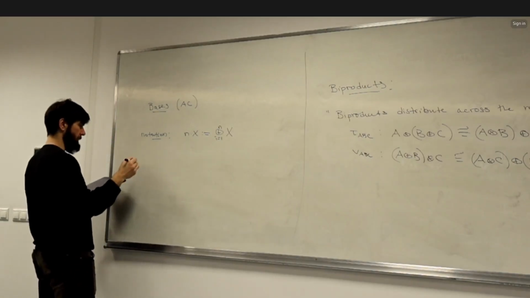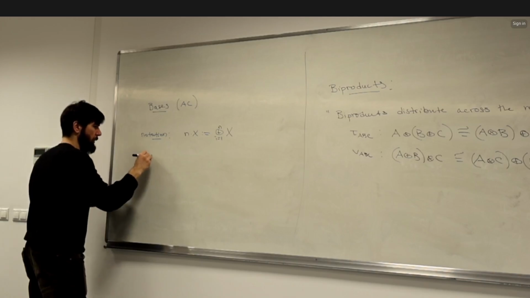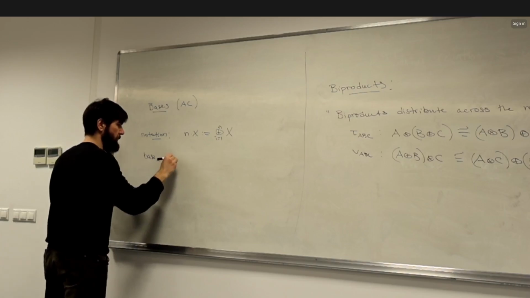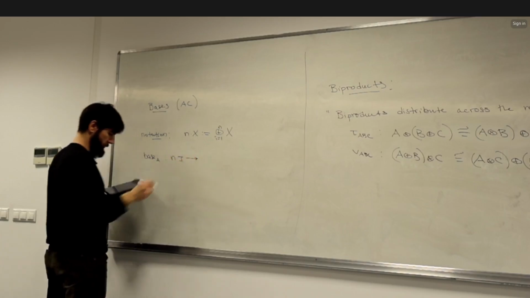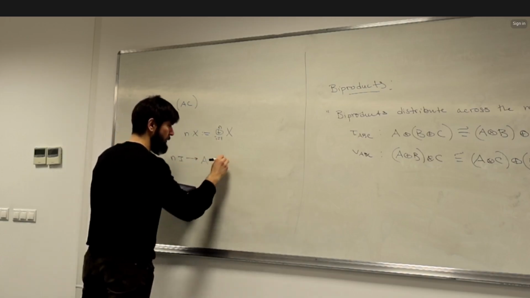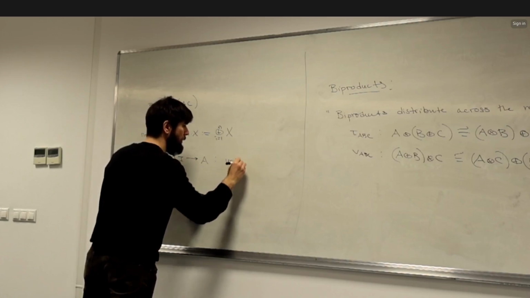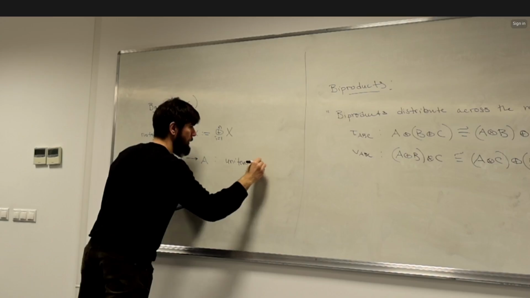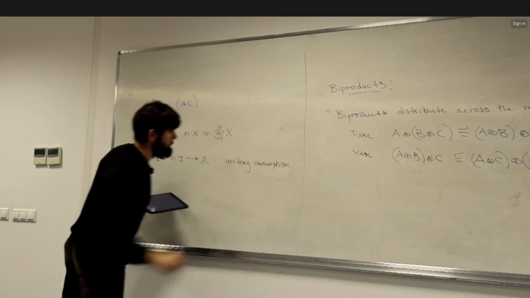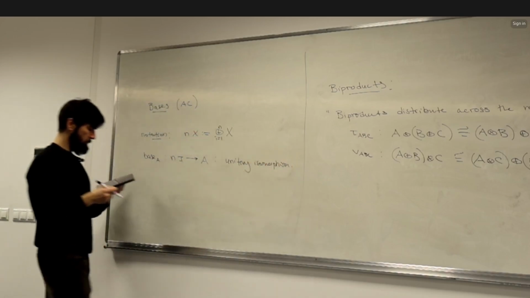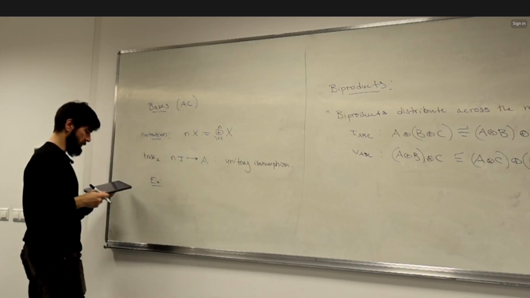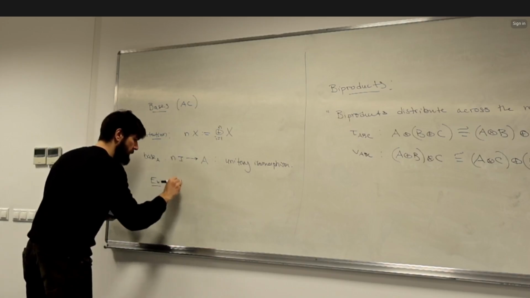So we have that a base for an object A is a map from n times I to A, which is supposed to be an isomorphism. I like to think of this in Hilbert space terms.